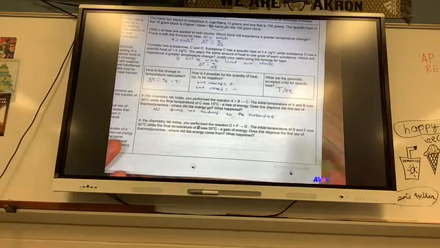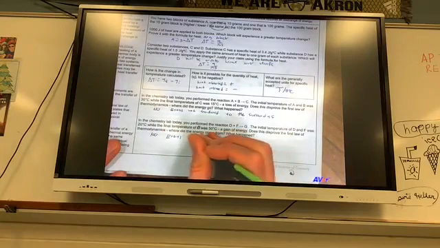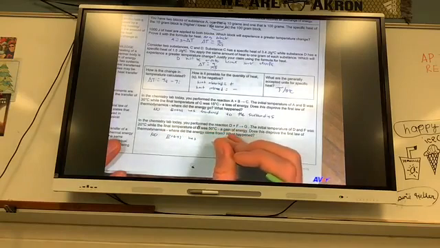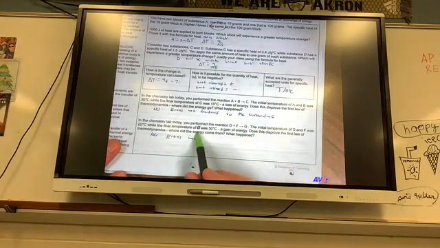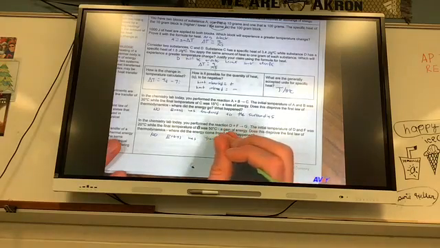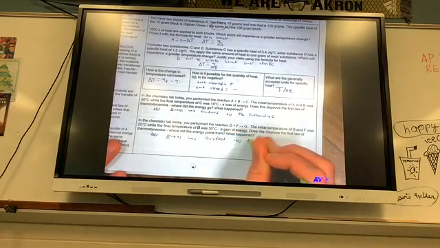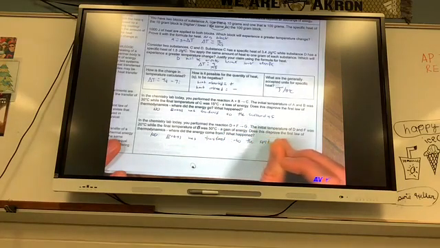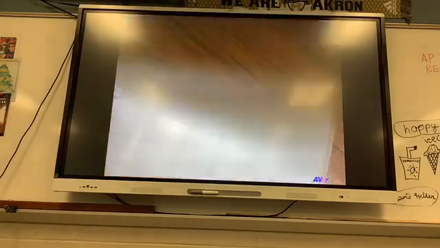No. Energy was transferred into the system. So energy cannot be created or destroyed. It can only change forms.